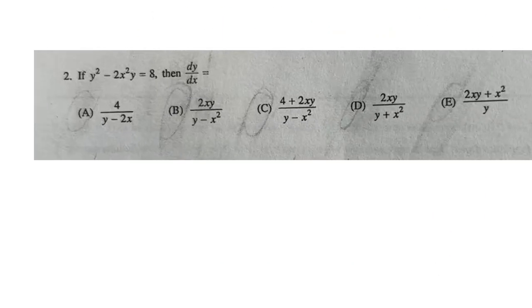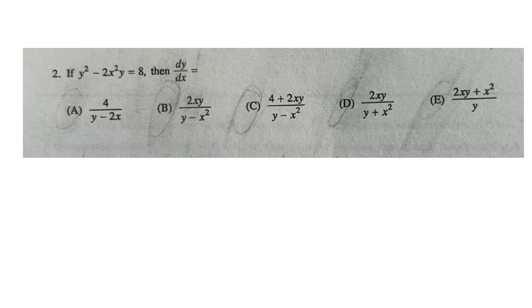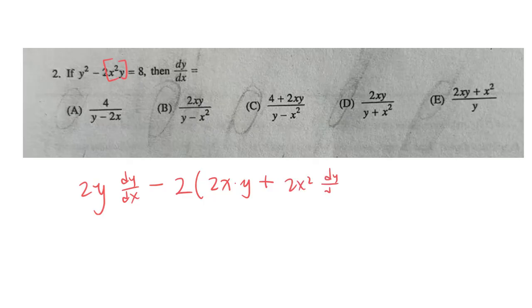Okay, so finally here we have another implicit differentiation. I'm going to go even quicker for this one. 2y dy over dx minus, so here we have one somewhat bigger factor. We want the derivative of this thing, and that's going to give you 2xy plus 2x squared dy over dx equals 0.